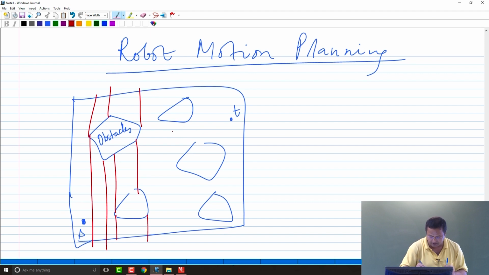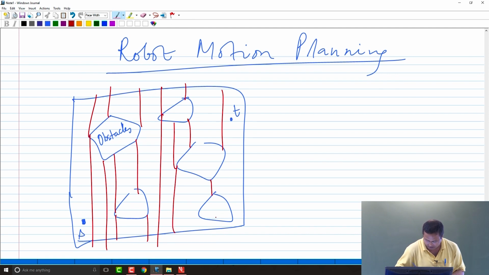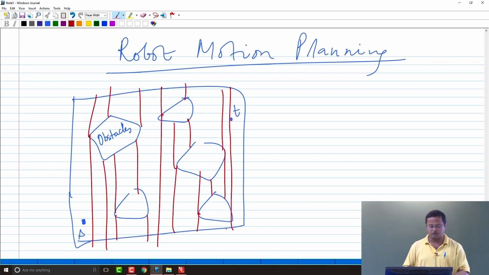Consider them as separate line segments and do it. If you do the trapezoidal decomposition, it will so happen that there would be even line segments inside, but forget about those inside line segments and just consider the outer ones. Now, can you find a path through this?